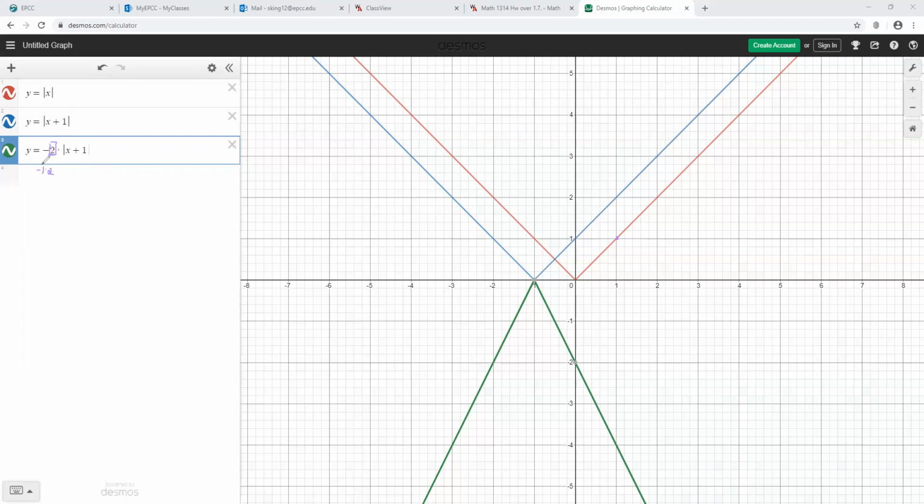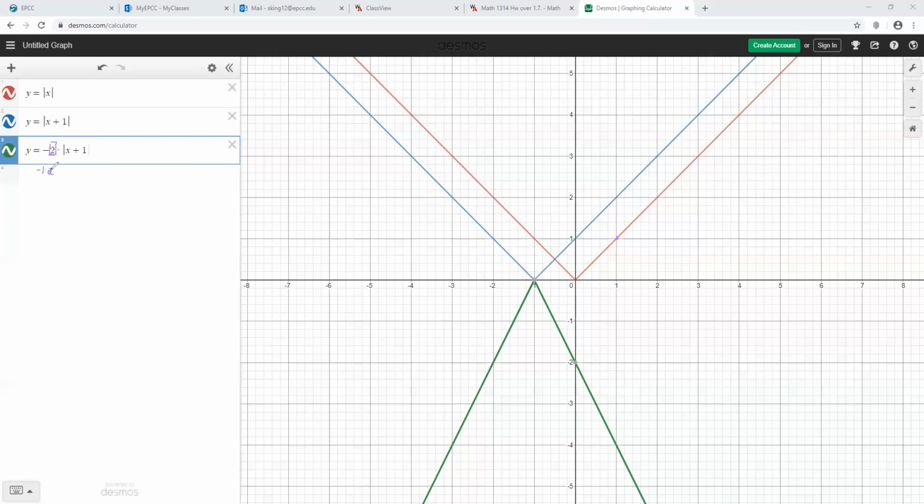The multiplication of -2 is actually, in terms of transforming a graph, two separate changes. One is the multiplication of -1, which reflects the graph over the x-axis, and that's why now it's opening downward.